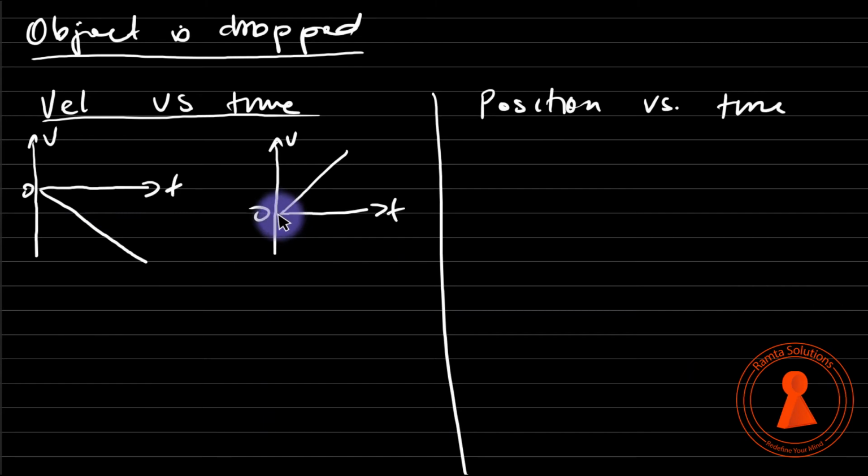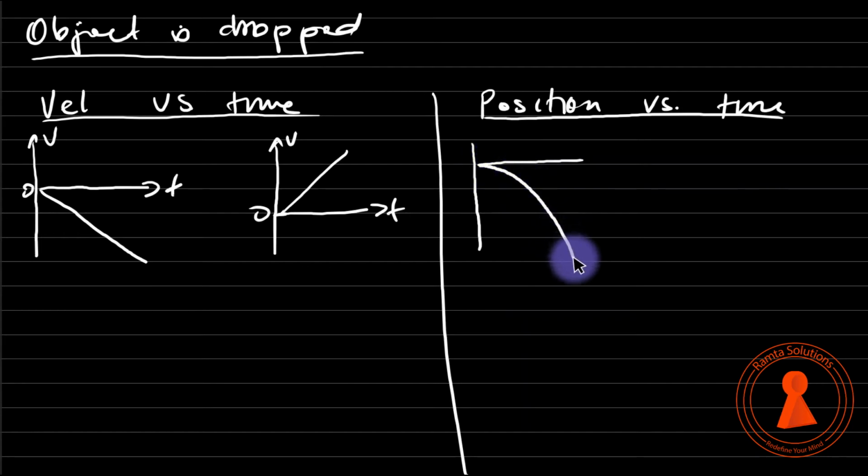This is when downwards was positive. Now the position versus time for this part, we need to be careful. When downwards was positive, it was like this. When upwards was positive, it was like this, right?